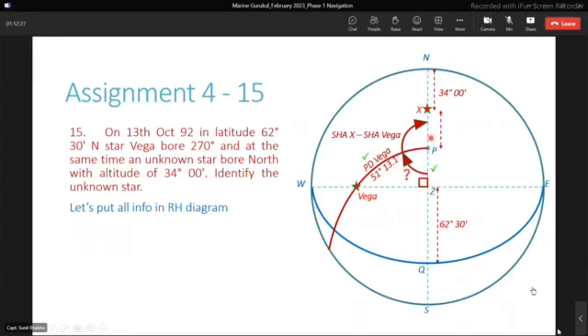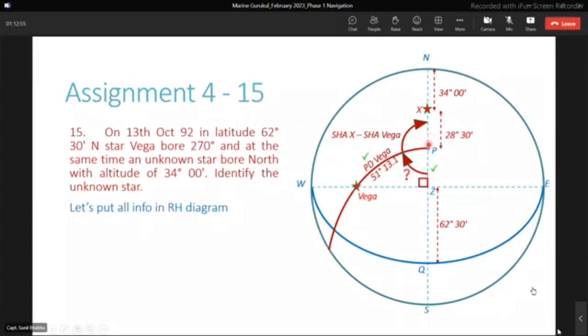So November to Papa is equal to 62 degrees 30 minutes. November to X-ray, which is the true altitude of the star, is 34 degrees 00 minutes. So I can now easily find out the difference between them. It is going to give me Papa X-ray, PX. So in this case, the PX is going to be 28 degrees and 30 minutes.